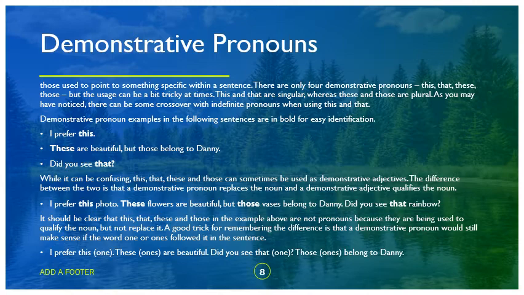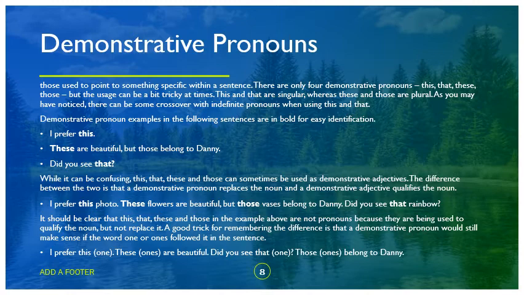As you may have noticed, there can be some crossover with indefinite pronouns when using this and that. So we are going to discuss indefinite pronouns further in this lecture, so you will understand what indefinite pronouns are. So let me explain demonstrative pronouns to you just to make it easier for you to understand.